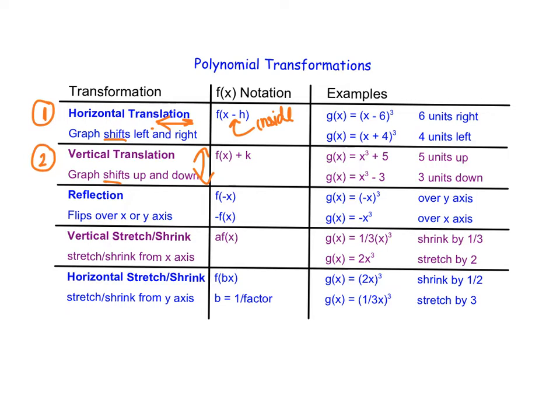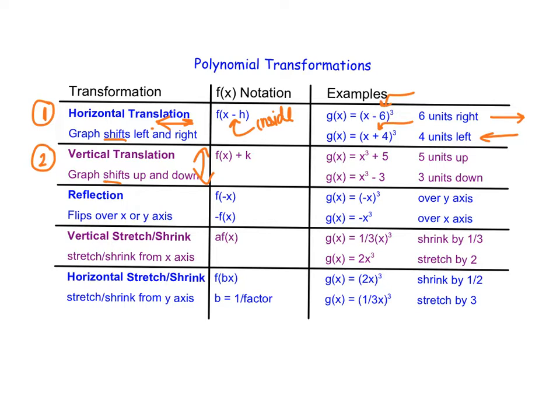Something to remember about h is that it works the opposite of what we expect. So if we have a -6 inside of here, it's going to shift the graph in the positive horizontal direction, to the right. If we see that we have a +4, it's going to shift it in the negative x direction, or negative horizontal direction, which is to the left. So our horizontal translation is a number added or subtracted from x inside the parentheses, and remember it works opposite of what we expect.